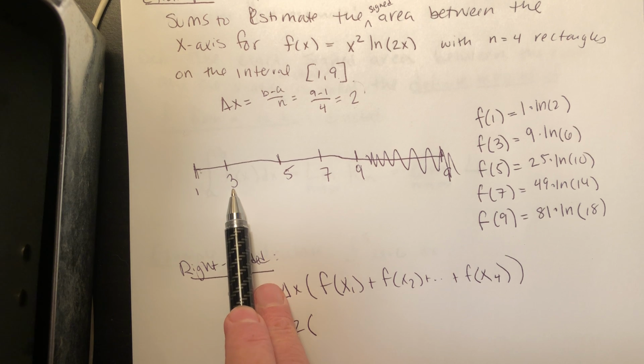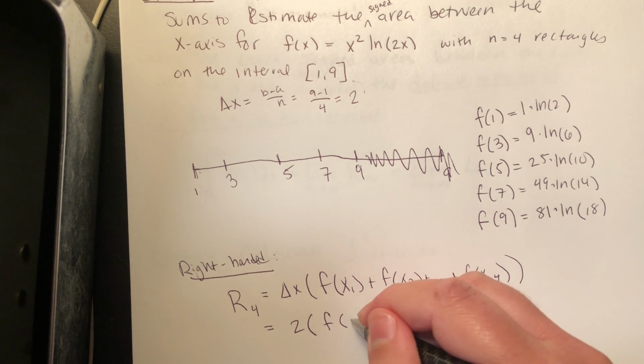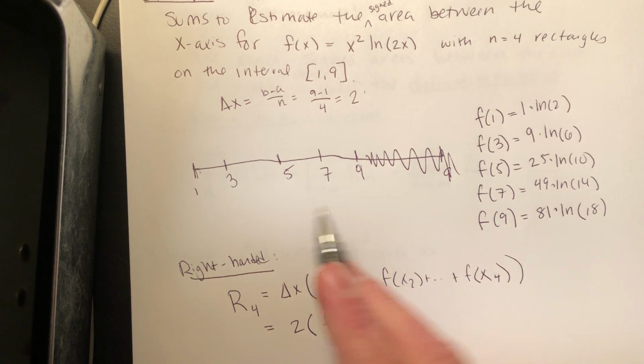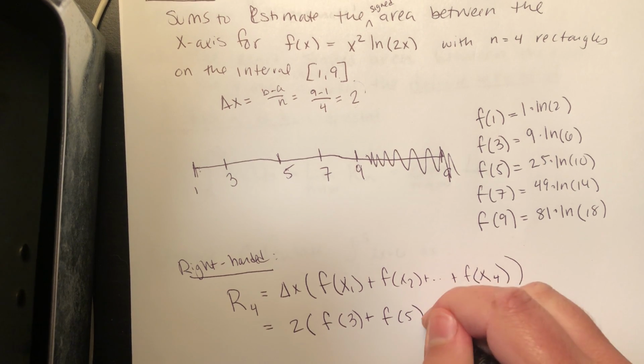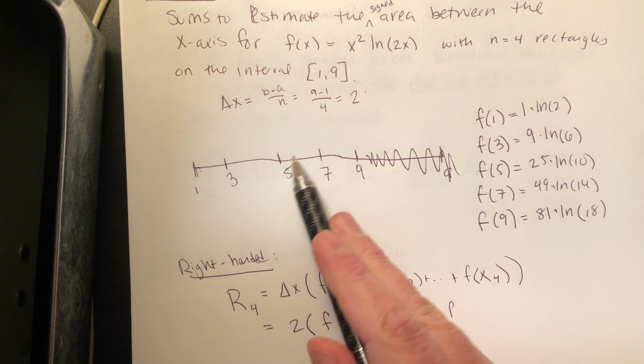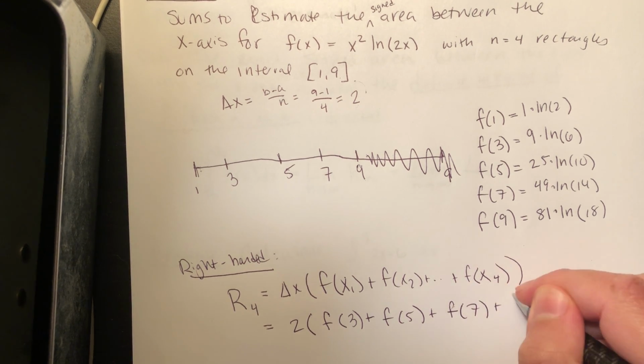So the right endpoint of the first interval is 3, so it'll be 2 times f of 3 plus the right-hand endpoint of the second interval, which is 5. The third interval, the right-hand endpoint is 7, so f of 7, and then f of 9.